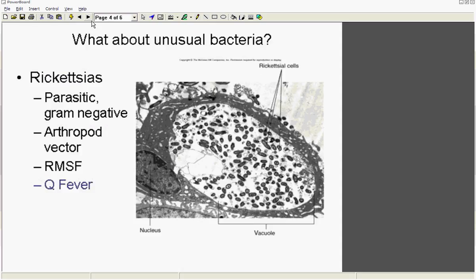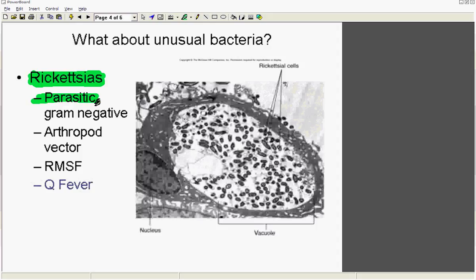Okay, now there are always going to be a few bacteria that don't really fit into any one category very clearly. So I'm going to talk about just a couple of them, and I'm only going to focus on a few that are pathogenic, meaning that they cause disease in humans. The first one I'm going to talk about is rickettsias. Rickettsias are very, very tiny bacteria, and they are parasitic.